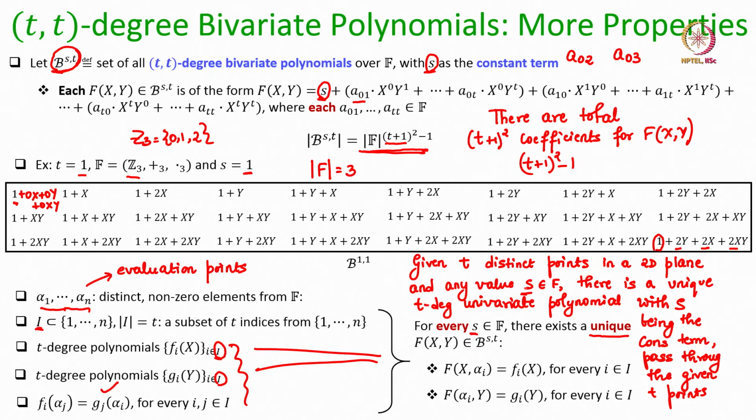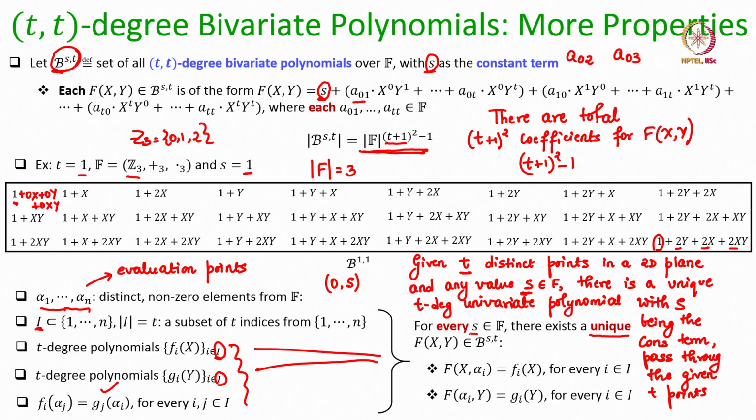Because when I say that its constant term will be s, namely I am fixing the point 0, s on the curve, and anyhow they have to pass through the remaining t given points. So, together they constitute t plus 1 distinct points, and through t plus 1 distinct points I can find a unique univariate polynomial. Now, I am just trying to extend that property in the context of bivariate polynomials.